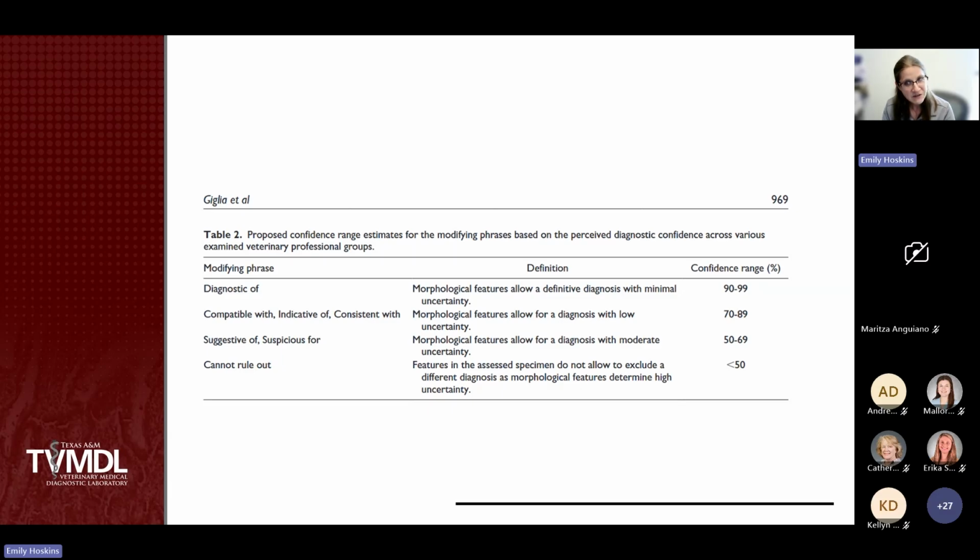Suggestive of, suspicious for, that's about a 50 to 69% confidence range, and then cannot rule out, less than 50%. We are really not sure that's what it is, but we can't exactly rule it out, so less than 50% confidence. So just a super interesting paper. Again, this is not standardized practice, but as we move through and talk about the comment of the necropsy report, keep this in mind.